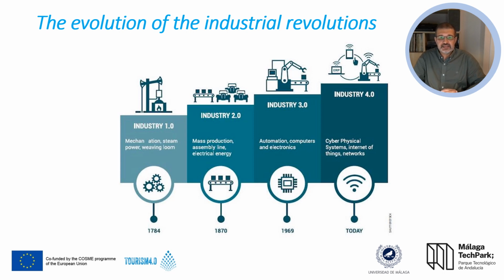Then, in the 80s of the last century, the automation process included robots, computers, and electronics. This provided more flexible production lines and the ability to produce several kinds of products in the same production line.